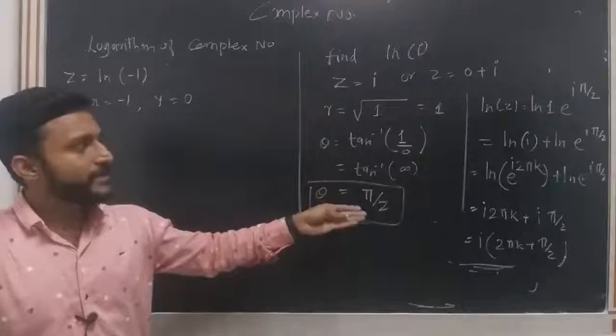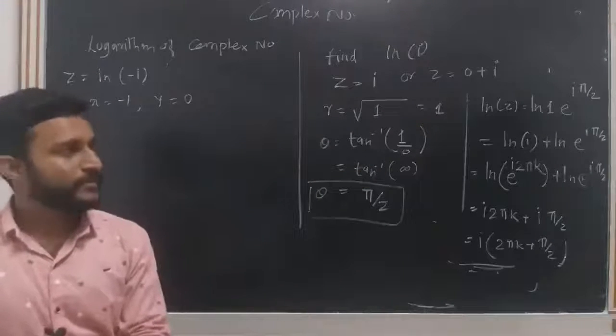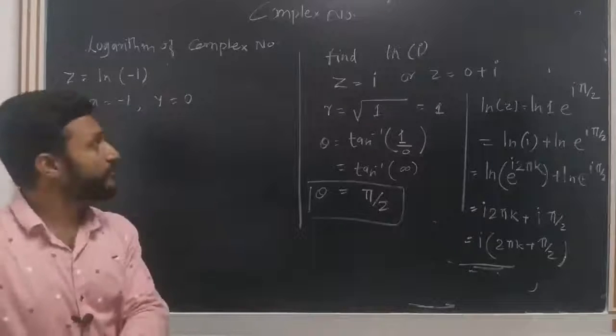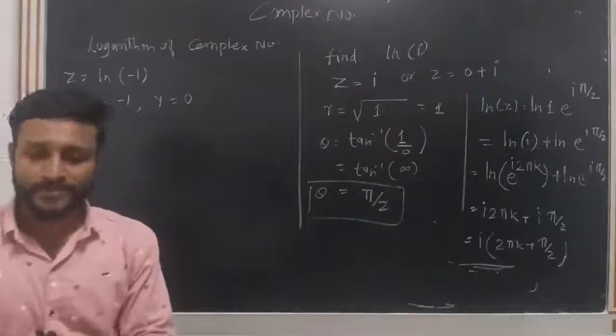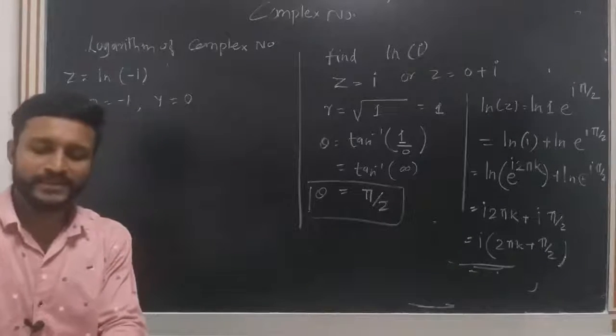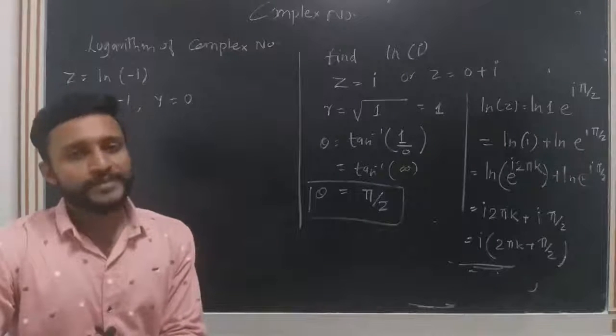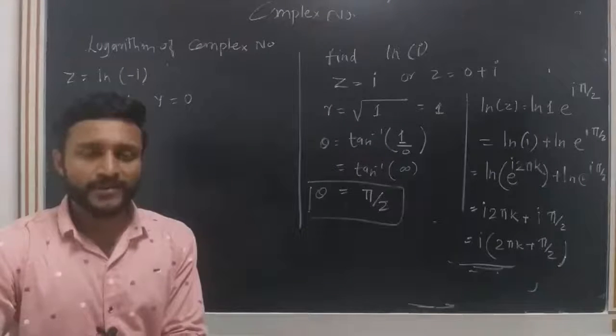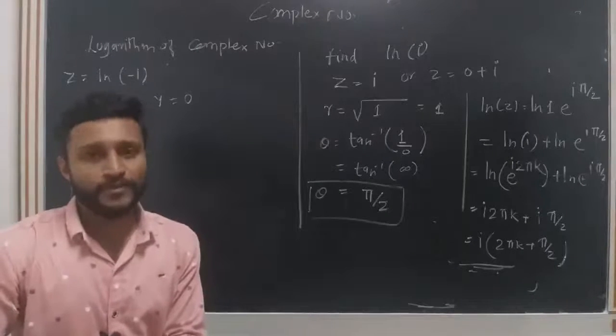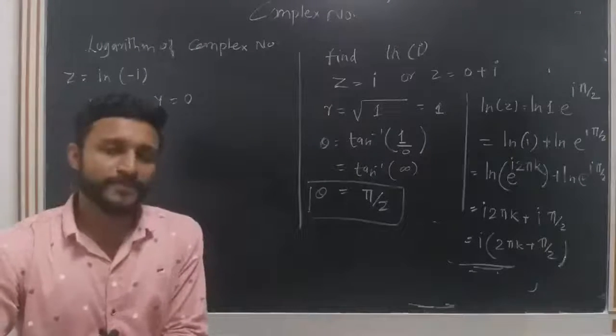Once you get r and theta, just simply find out the logarithmic value of the given complex number. So these are very easy topics: the power of complex number, roots of complex number and logarithm of complex number. Very important it is, and very easy also. So try it at home. Thank you very much.